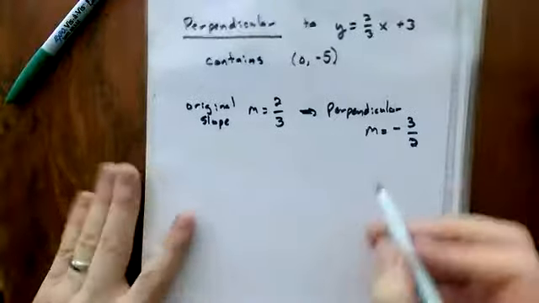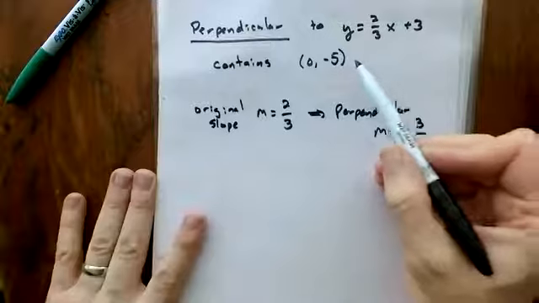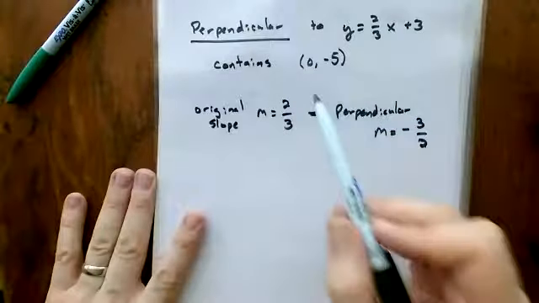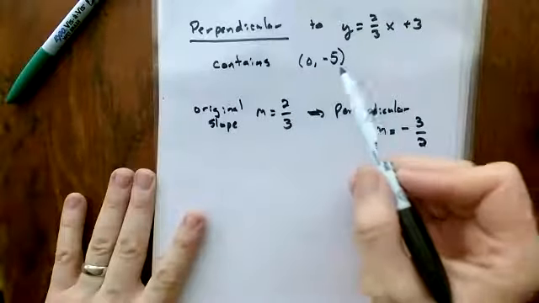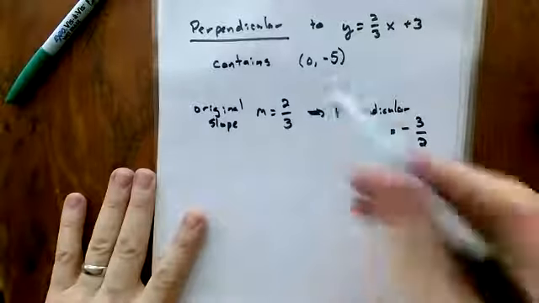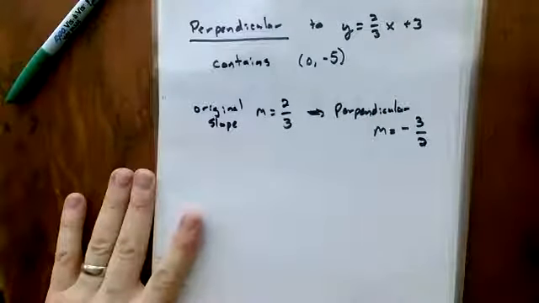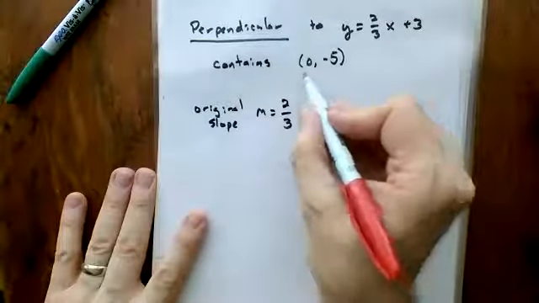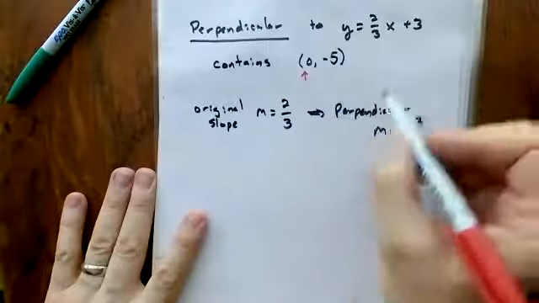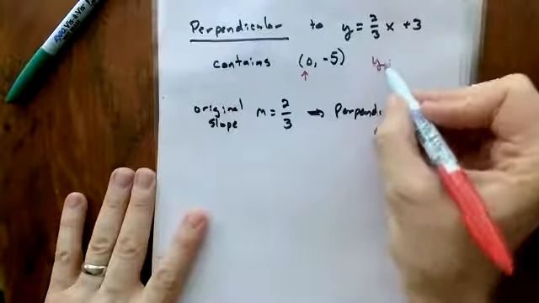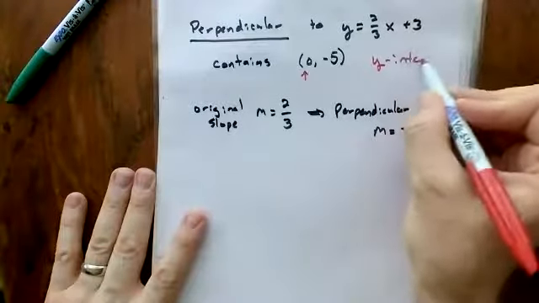If I wanted to, I could use my point-slope formula to find the equation, but I want you to note something about this particular point. Because it starts with a 0, this is our y-intercept.